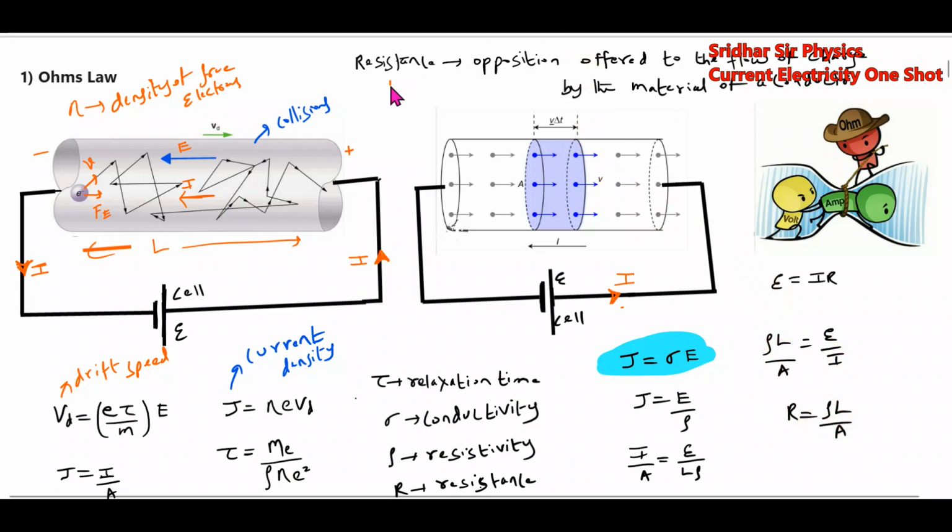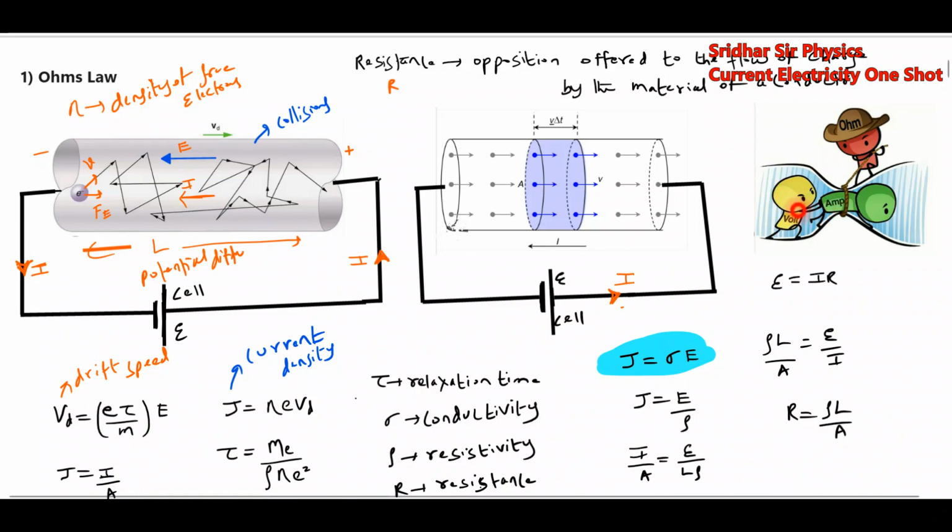This is R. Sir, what do you mean by resistance? We applied some potential difference here, then we have the electric current. How are they all related?